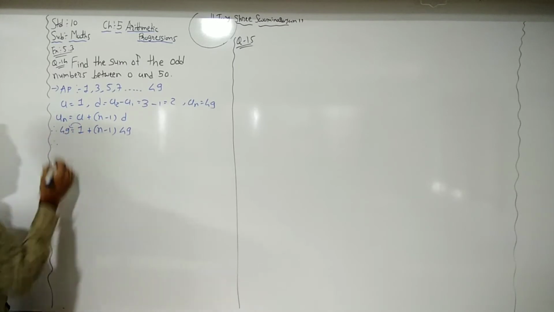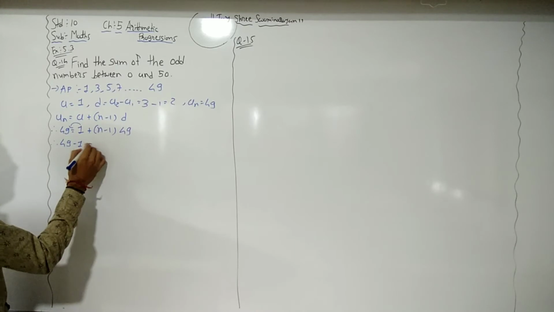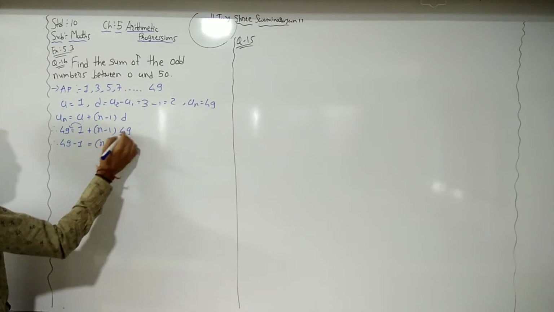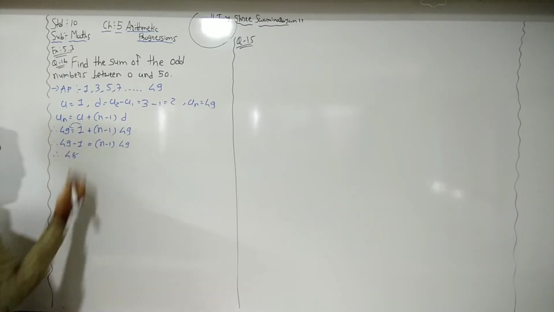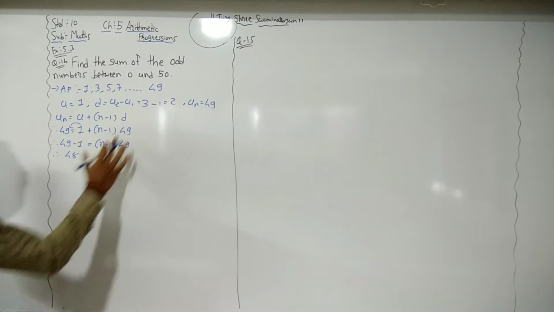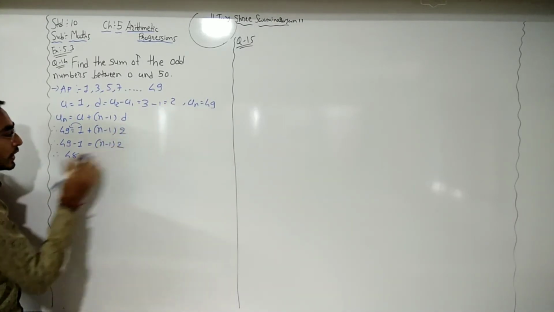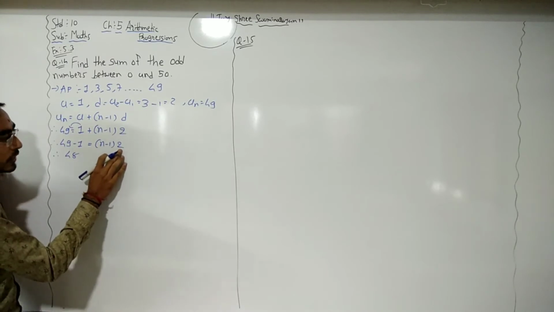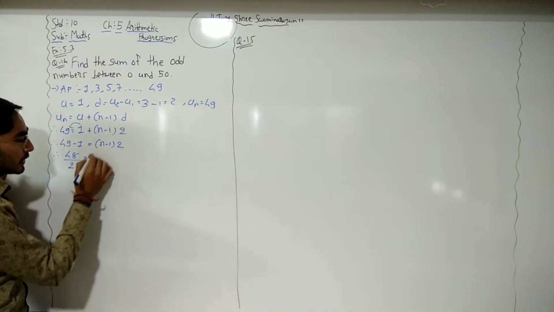To find n, transfer the 1 to the left-hand side, it becomes minus 1. Here we have n minus 1 multiplied by d. Now 49 minus 1 is 48. Sorry, here our common difference d is 2, and this is the value we need to use. Now transfer this 2 to the left-hand side, it goes to the denominator.